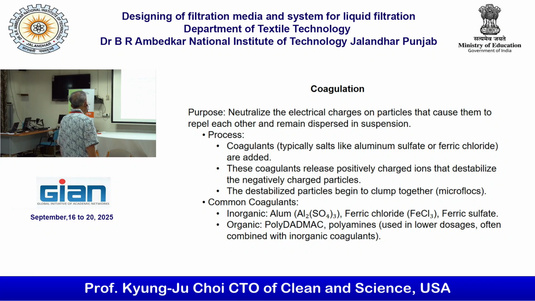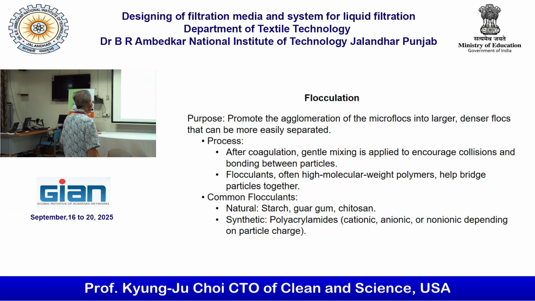After coagulation, gentle mixing is applied to encourage the collision and bonding between the particles. Flocculant often is a high molecular weight polymer. That's the difference. The other one is inorganic material, it's coagulant. And flocculant is polymeric material. That's different.